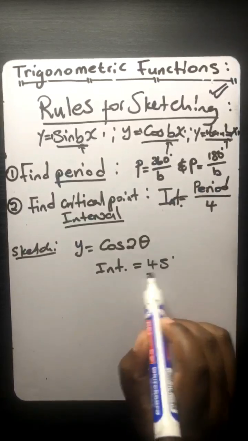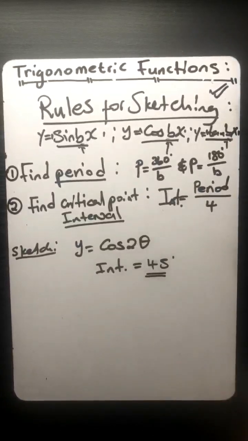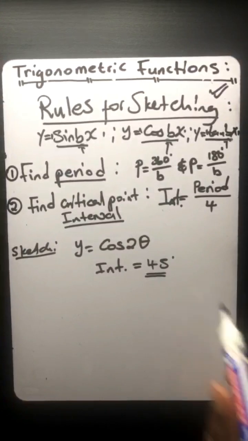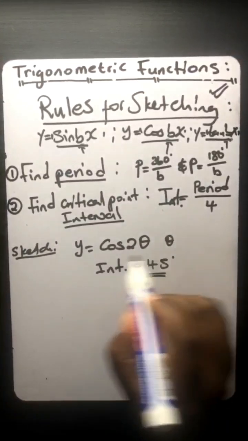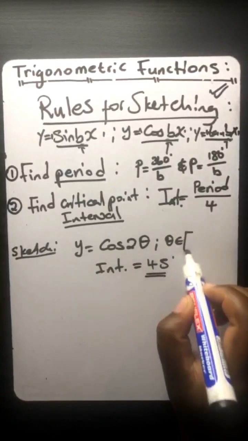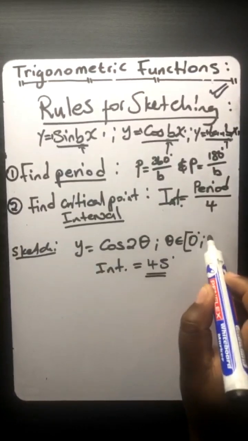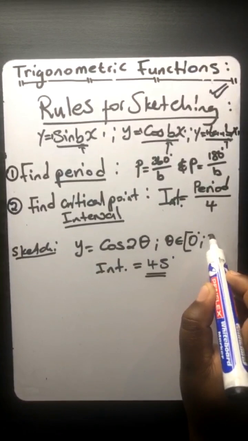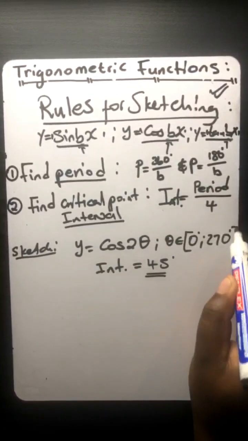So this 45, it is the one that guides the interval at which you should show your points. Let's say, for example, they said sketch this, whereby the angle is an element of 0 degrees to 270 degrees.